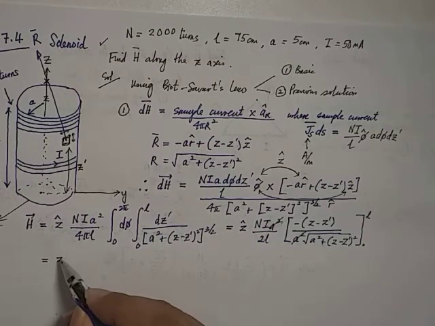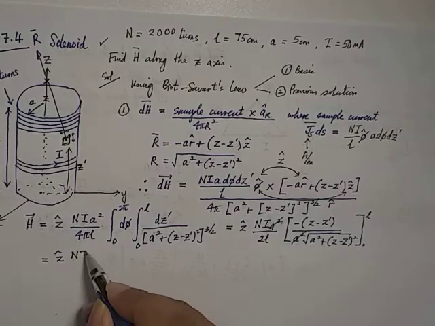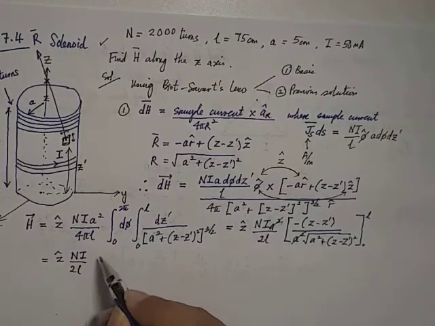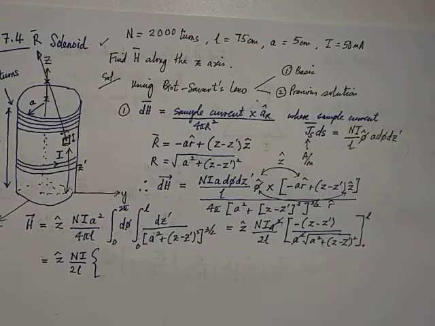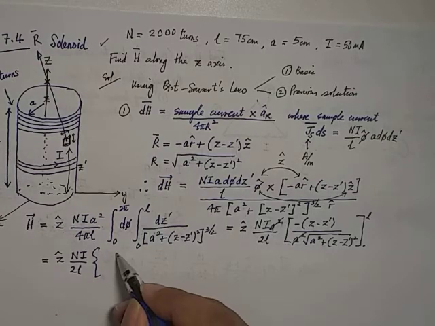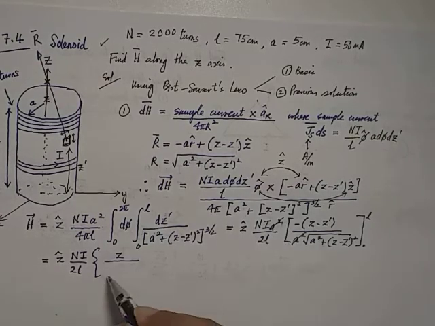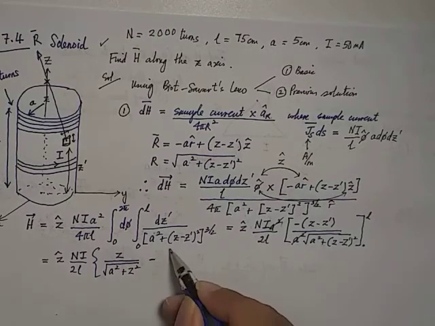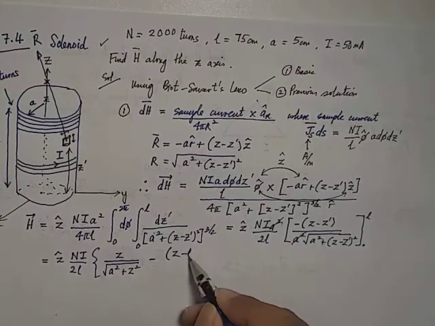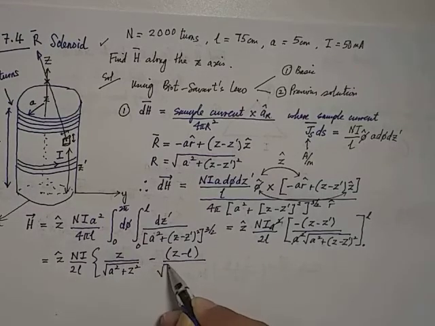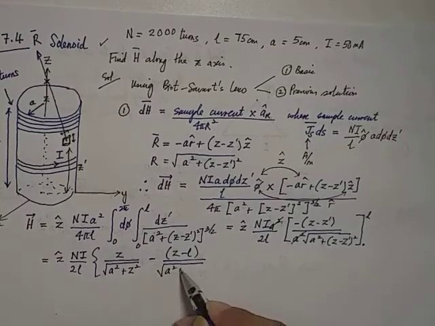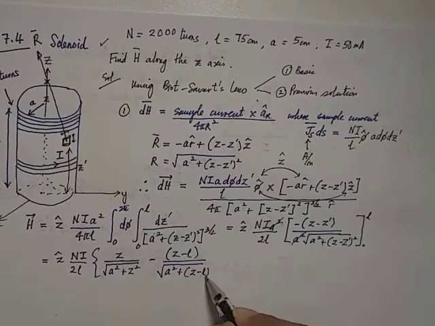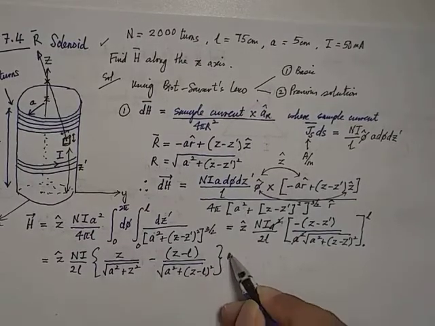Z direction, N I over 2L times Z over the square root of A squared plus Z squared, minus Z minus L over the square root of A squared plus Z minus L squared, in ampere per meter.